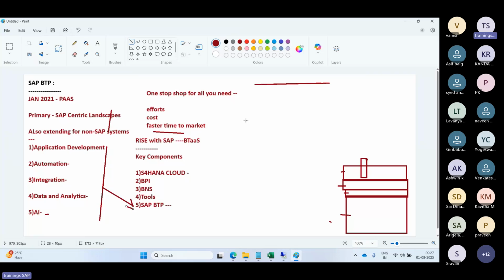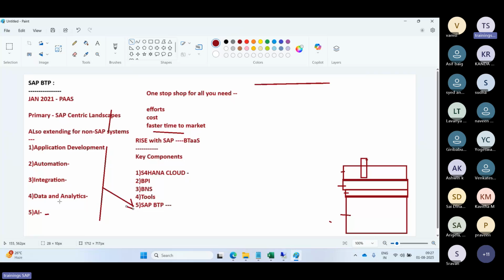It will create side-by-side extensions for the S/4HANA cloud using BTP without modifying the code. And also integration: if you want to integrate SAP systems and non-SAP systems, we have the Integration Suite available in BTP. Analytics: if you want to leverage Analytics Cloud, Datasphere, and advanced reporting and dashboards, those are analytics functionalities on the BTP side.